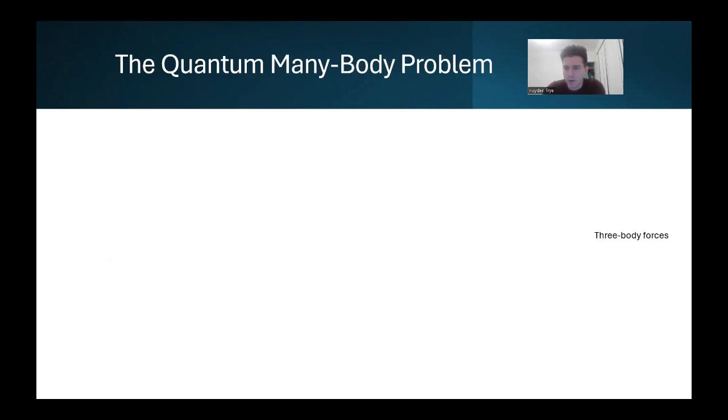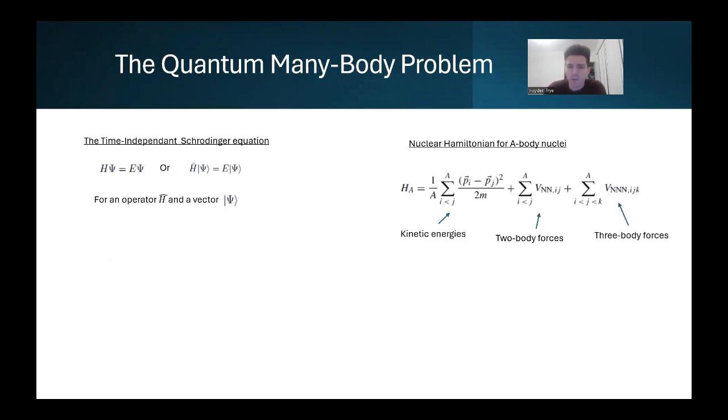To give an example of what calculations we do, we solve the many-body Schrodinger equation given some Hamiltonian operator. An example of a Hamiltonian operator we use is shown here, where we have a kinetic energy term as well as a series of n-body terms. For our studies, we only go as far as the two-body term, and we exclude the three-body term as shown here.